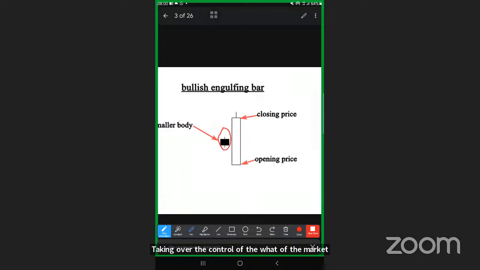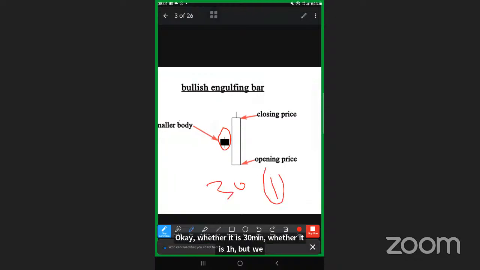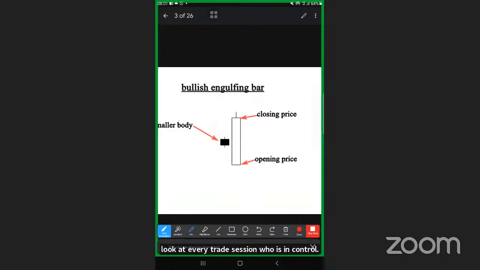Remember, we look at a trading session, whether it is 30 minutes or 1 hour, and we look at who is in control. If it was a 1 hour session, it means buyers took over from sellers. That's why this candle is small: sellers are still there, but their presence is smaller than the buyers'.